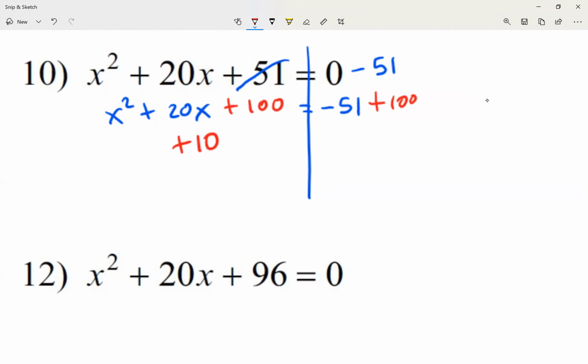On the left side, if I was to factor that out, x squared plus 20x plus 100, if I was to ask you guys to do the diamond and find out how you factor it, it will give you x plus 10 twice. So x plus 10 squared. On the right side, negative 51 plus 100, we can type that in. That gives me 49.